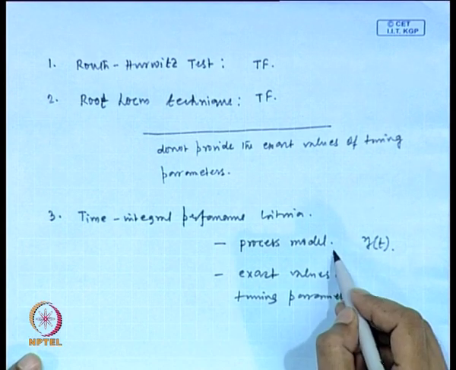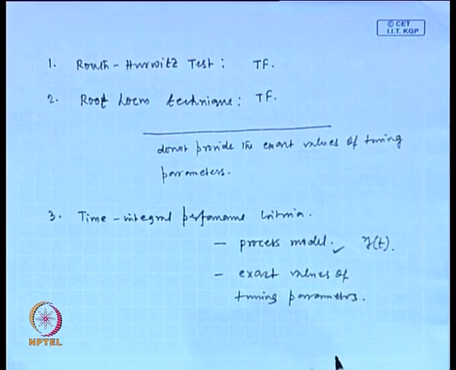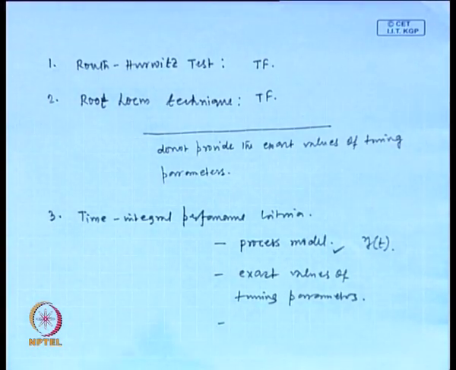Now, based on this first point, we can say that it can provide better performance by using a more accurate model. This time integral performance criteria involves the process model. If we give a more accurate model, we will get better performance.